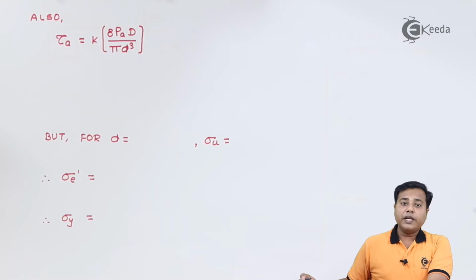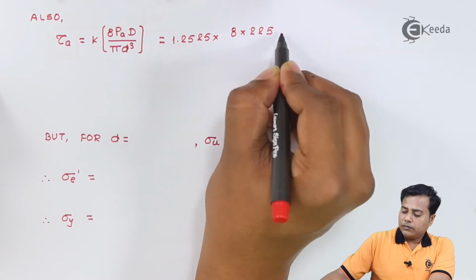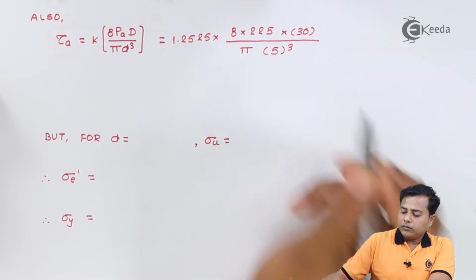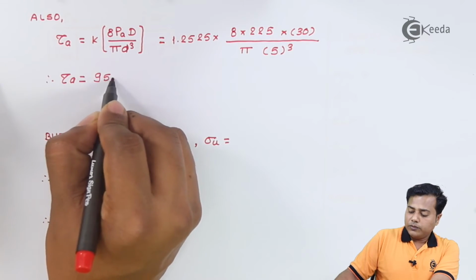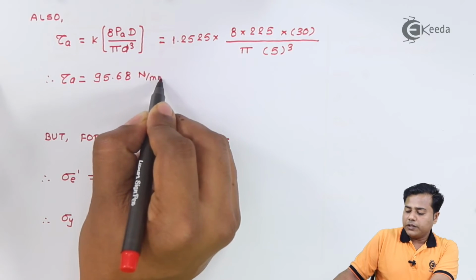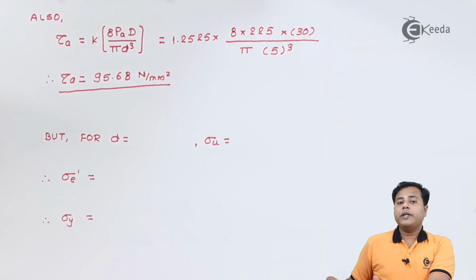Let's proceed for the amplitude value of shear stress, which refers to the amplitude value of the force. Somewhere equal to 95.68 Newton per millimeter square. Now based on this, the further calculation is based.